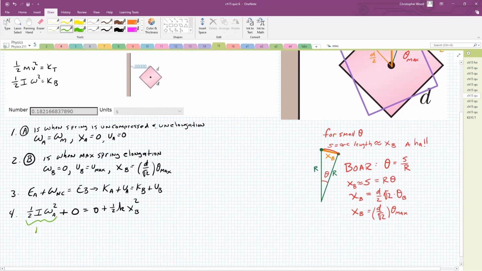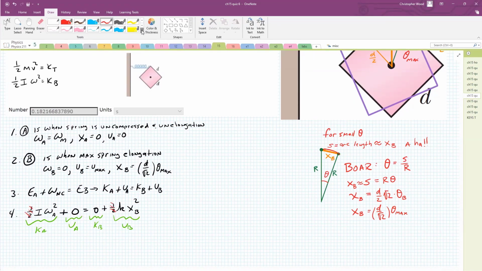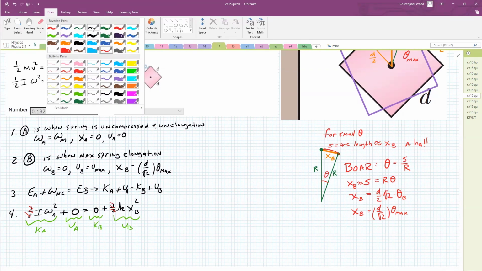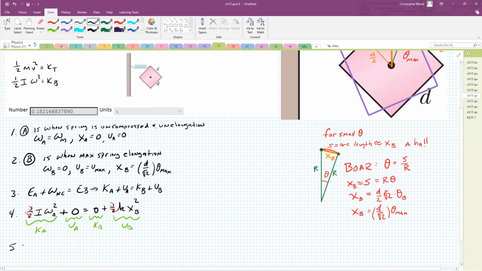This is my kinetic energy at A. This is my potential energy at A. This is my kinetic energy at B and my potential energy at B. Some low-hanging fruit, the 1/2s go away. So I'm still not seeing my dollar sign, but I know enough that if I go down this path of energy analysis, hopefully my dollar sign will appear as if by magic.